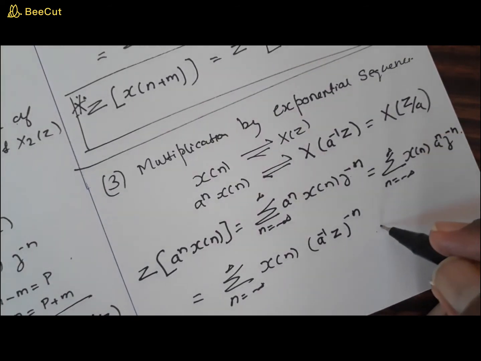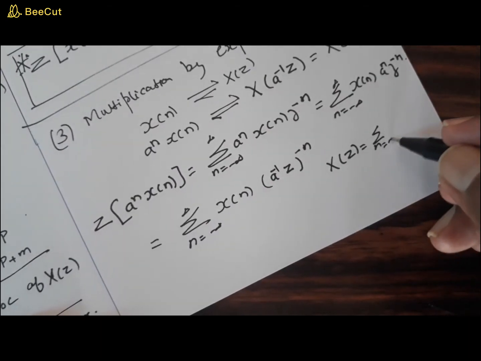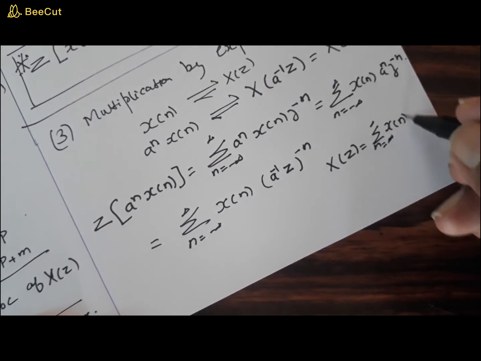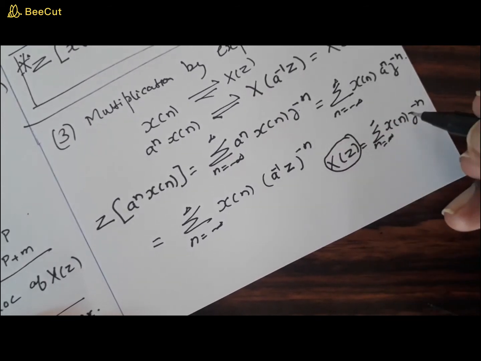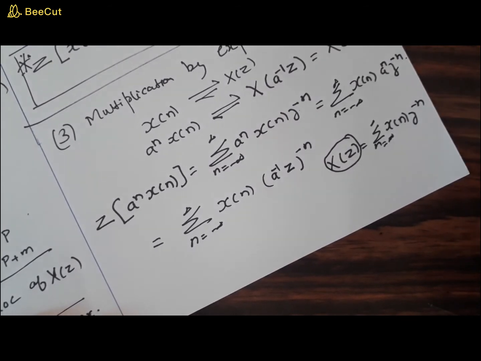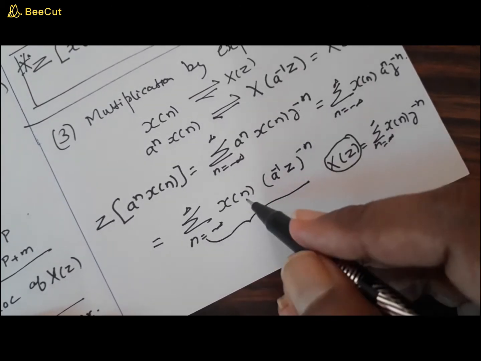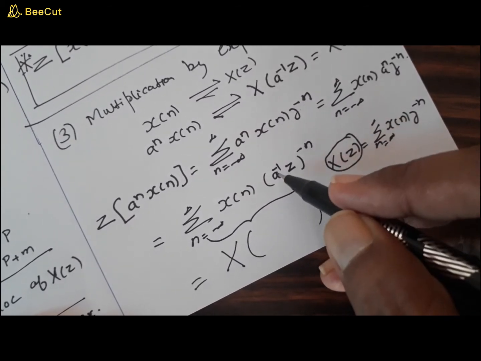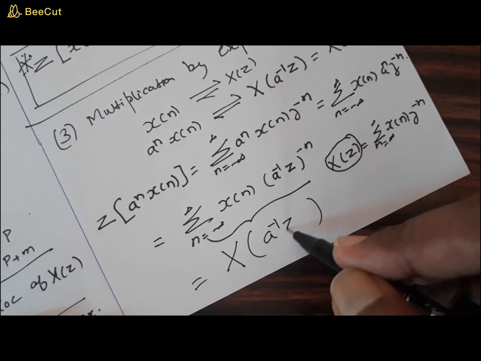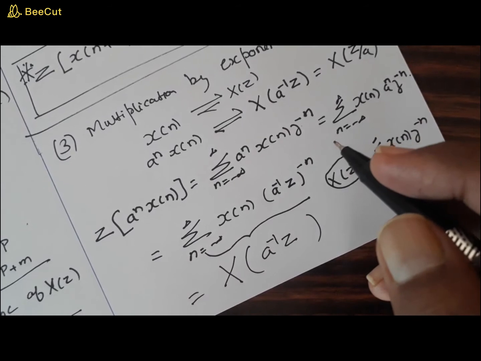What is the expression of x of z? X of z is nothing but the sum from n equal to minus infinity to plus infinity of x of n z raised to minus n. That means this function is a function of the variable whose power is raised to minus n. Now if you write this similarly, it is going to be a function of the variable raised to minus n. What is that variable? It will be a inverse z, so it is equal to x of z by a.